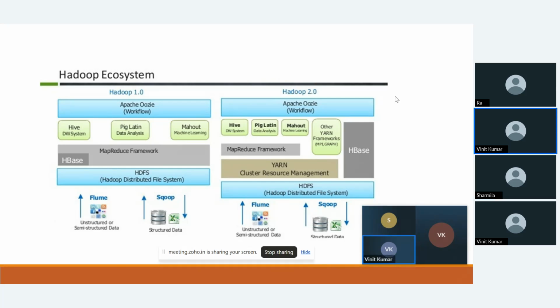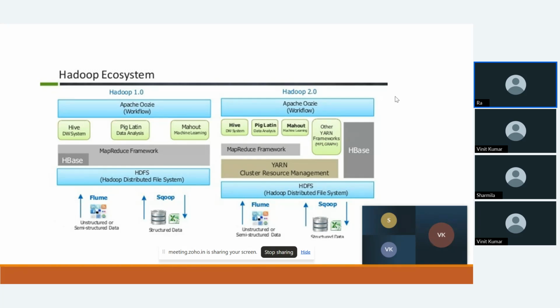Can you please explain the mapper and the reducer framework? Exactly. I'll show you with one diagram how it actually works. MapReduce is the processing framework. For processing, we need some data to process, and my data is distributed across multiple machines.